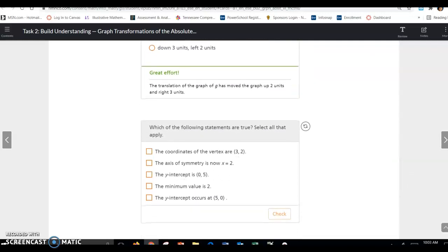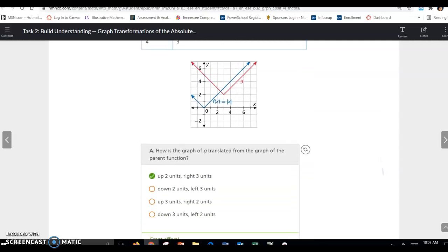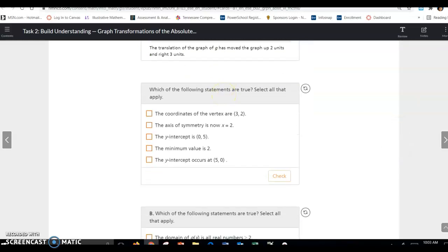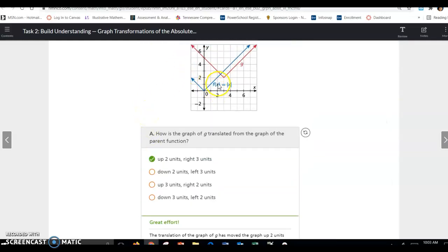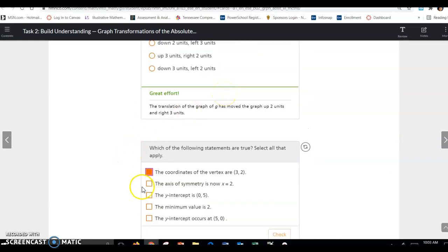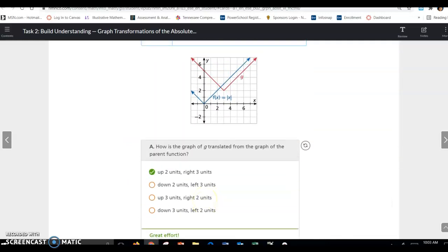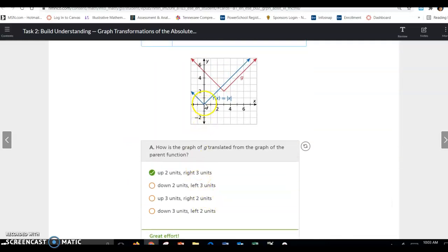All right, which of the following statements are true? Select all that apply. The coordinates of the vertex are 3, 2. If we come over 3, up 2, that is true. The axis of symmetry is x equals 2. That's not true. The axis of symmetry is x equals 3. The y-intercept is 0, 5.